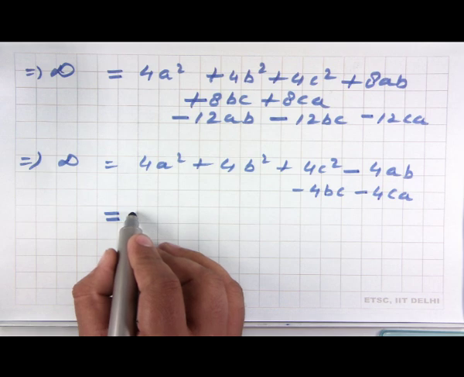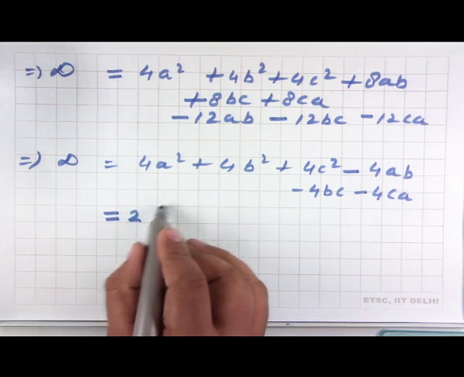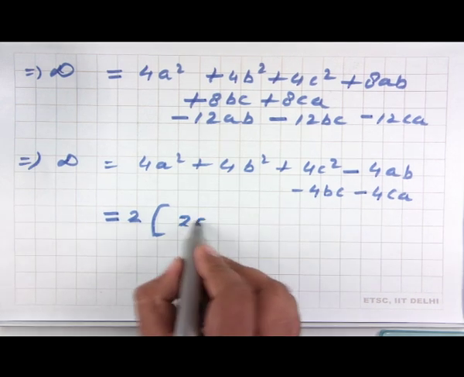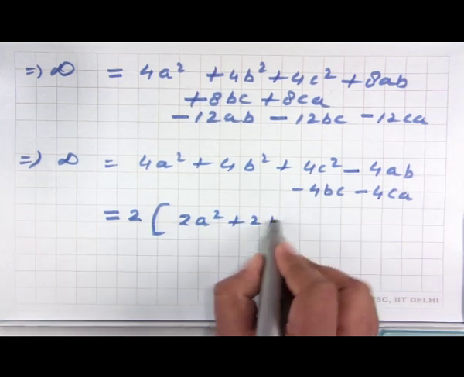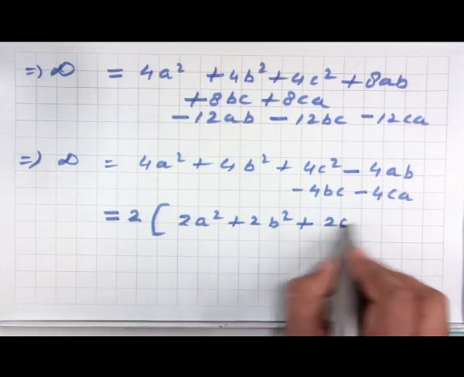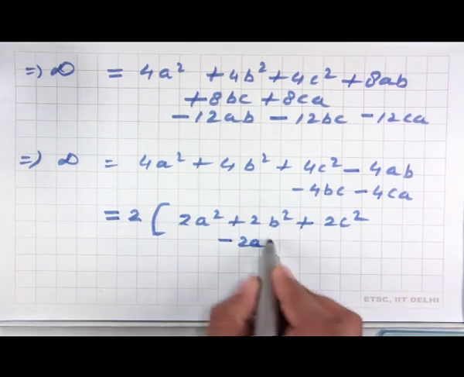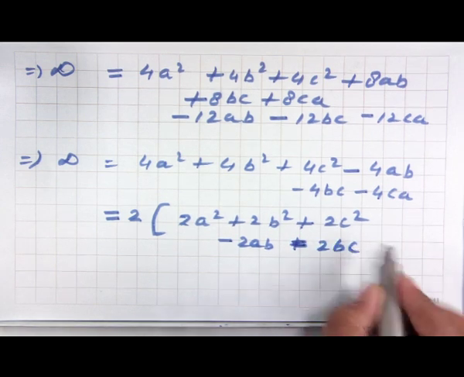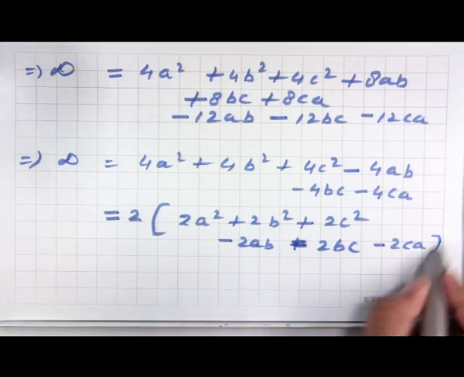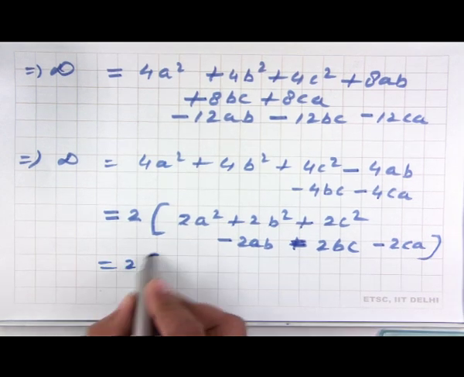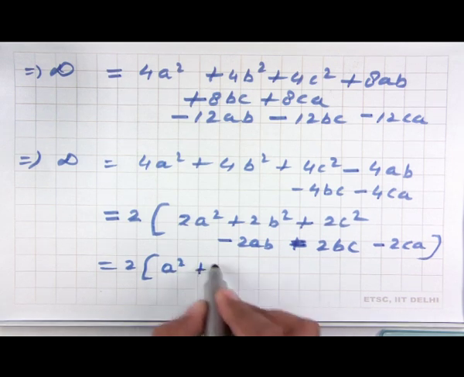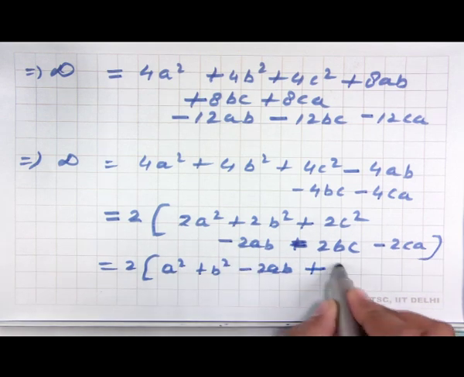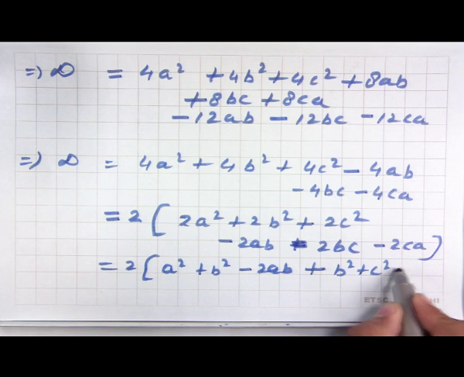Now let us take 2 as common, 2a square plus 2b square plus 2c square minus 2ab minus 2bc minus 2ca. Now it can be written as a square plus b square minus 2ab and b square plus c square minus 2bc.